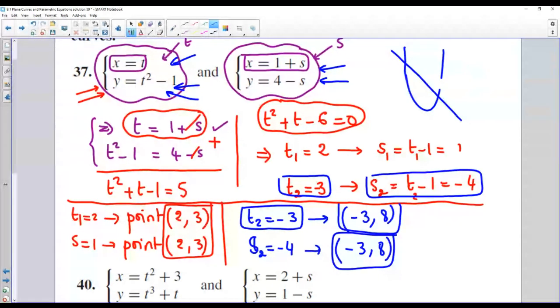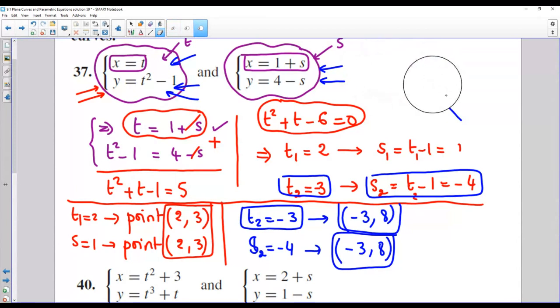Okay, anyway, I leave it. I will not graph this. We can graph this if we want, but that's not an issue.